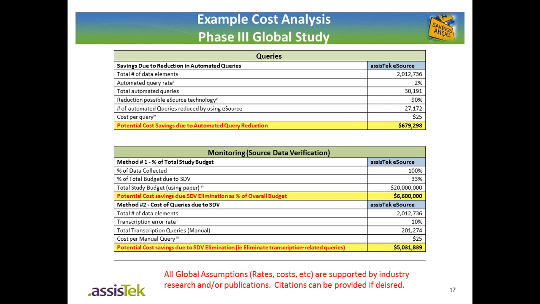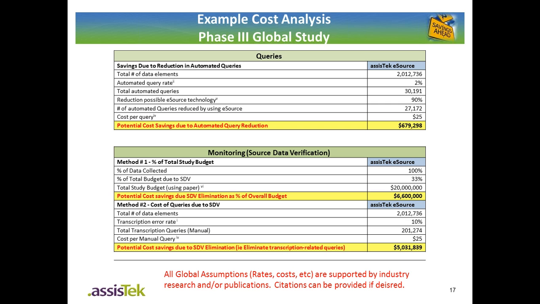Secondly, I'm going to go into the monitoring, or the elimination of source data verification. We took two approaches here. Our research indicated that SDV typically accounted for about 33% of the study budget. We thought that might seem a little high, and we weren't really sure, so we went ahead and did it with another method as well.